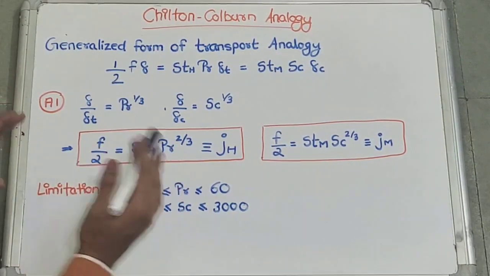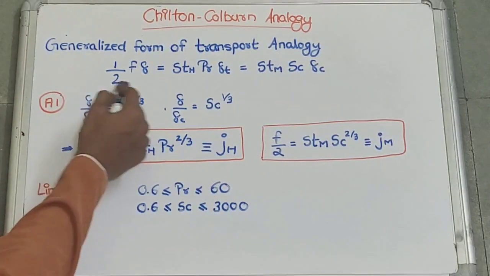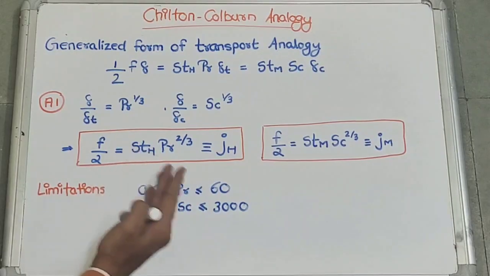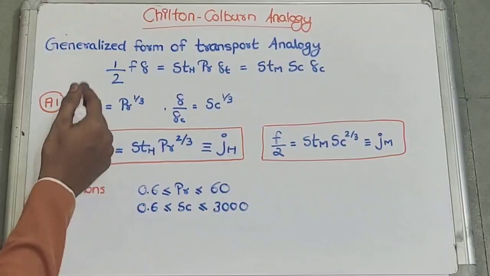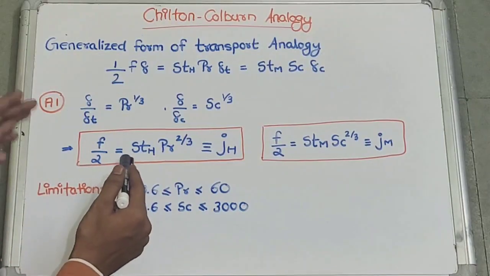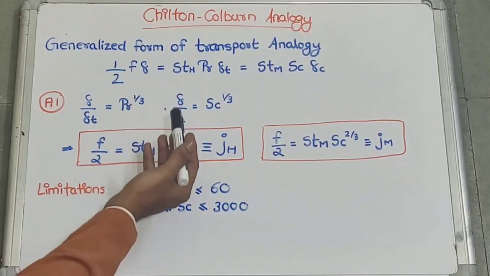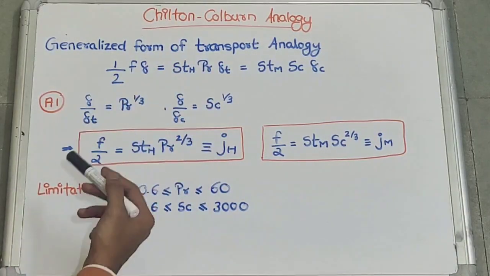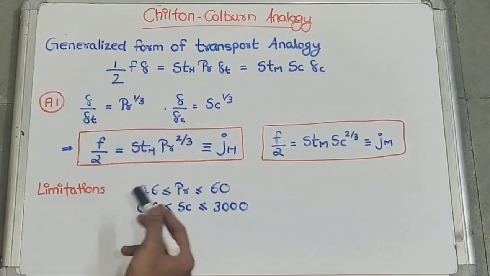In a similar way, we will derive Chilton-Colburn analogy. Now, you are very familiar with the generalized form of transport analogy because we have derived this in the previous section. The generalized form is given as half into friction factor into thickness is equal to St_H, that is Stanton number for heat transfer, multiplied by Prandtl number multiplied by thickness, which is equal to Stanton number for mass transfer multiplied by Schmidt number multiplied by thickness.